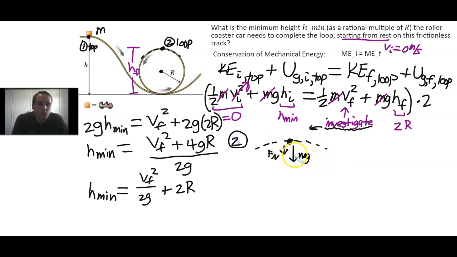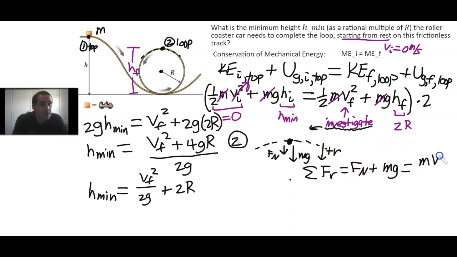So we can say that if this is the radial direction towards the center of the circle down here, Newton's second law reminds us that the sum of the forces in the radial direction is going to be the normal force plus mg equals the centripetal force, which is the net force in circular motion.